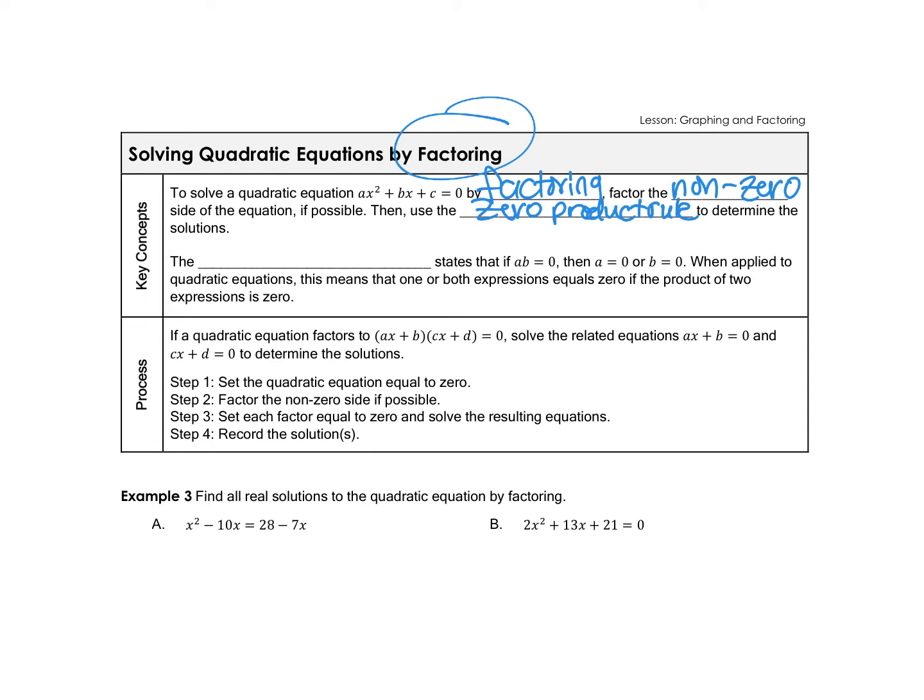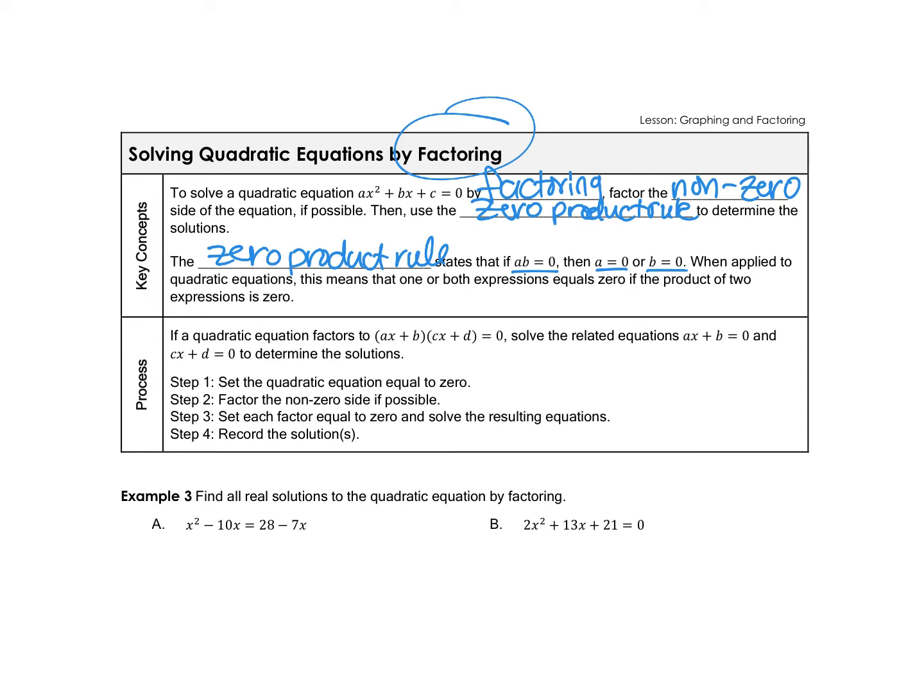That just means that if a times b equals 0, that means either a has to be 0 or b has to be 0. So you're just setting each one of those equal to 0 to find your solution. So this is called the zero product. I call it rule, property, same thing.